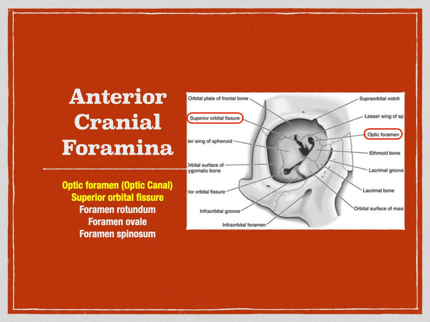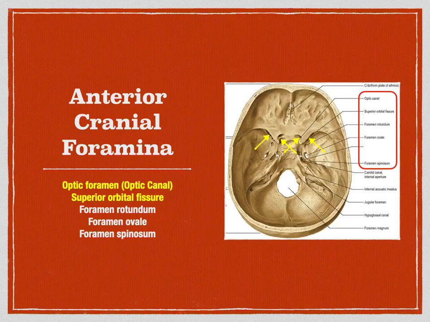That inferior orbital fissure opens down into the cheekbone, down into the maxilla. The superior orbital fissure opens directly back into the skull. So if we come back here to the inside of the skull, we can see here where the superior orbital fissure would be. It's just hard to see because it's kind of under this cliff edge.